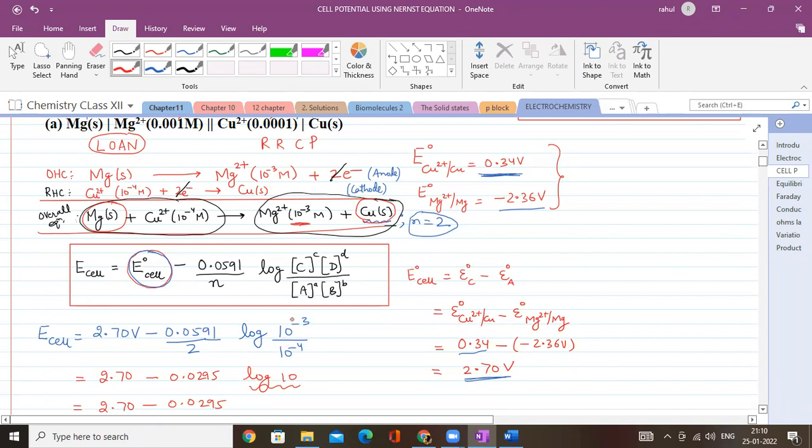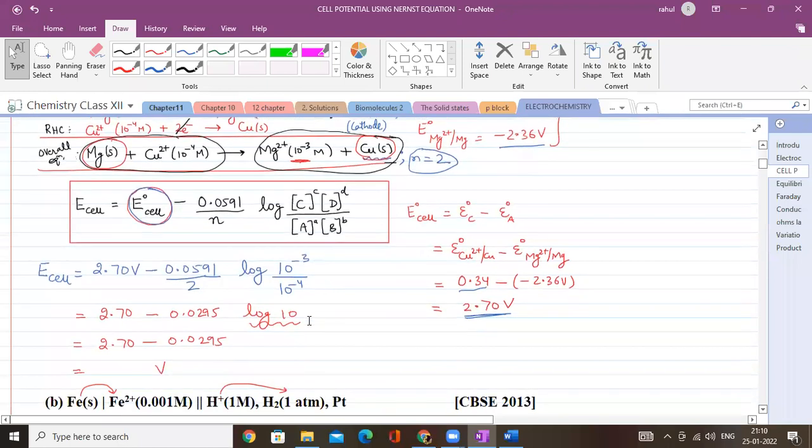So if I put down these values and try to solve it, this cancels out to give you 0.0591 divided by 2, which is 0.0295. Once I shift this here, log 10, we know that log 10 is how much? 1. So 2.70 minus 0.0295 times log 10 which is 1.